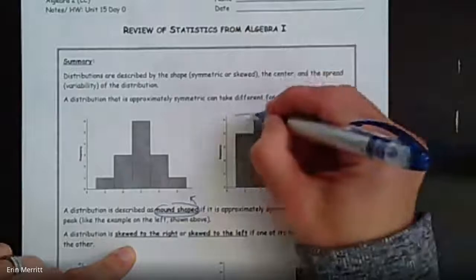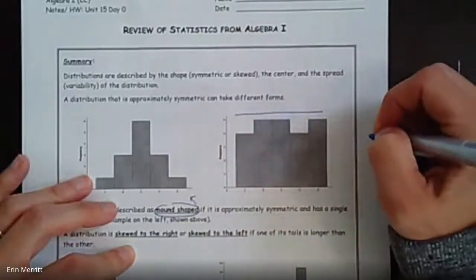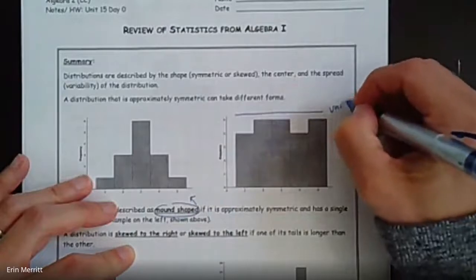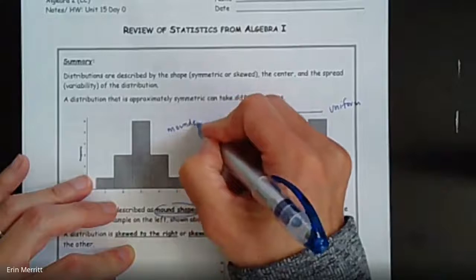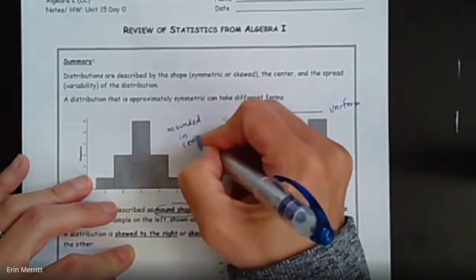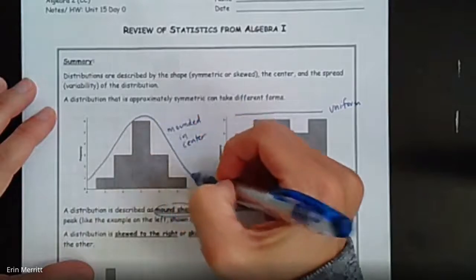I'm just going to draw a line across the top. Even though it's not perfect, you can kind of see what's happening. So this one is more uniform, whereas this one is more mounded in the center.